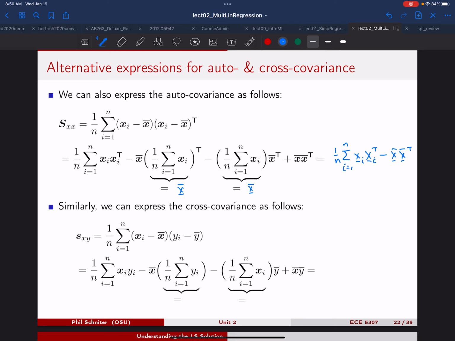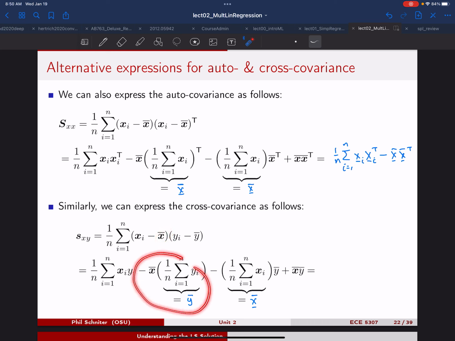And we can also write the cross covariance in a very similar way. We multiply out and distribute this, so we get xi yi, we get x bar yi. When we do this, you can see that we have y bar here, the sample mean of y, and then we get the xi y bar, which gives us the sample mean of the x vectors, and finally x bar y bar, like this.